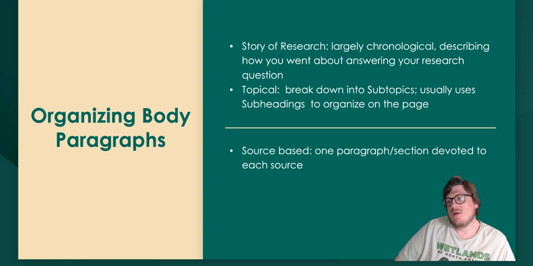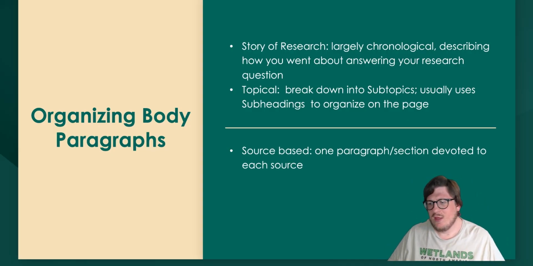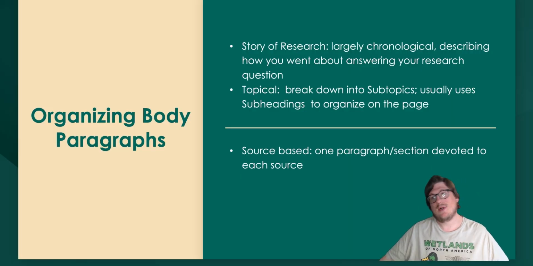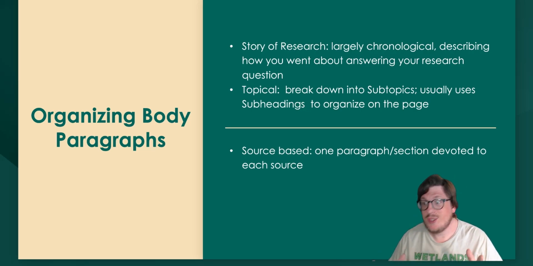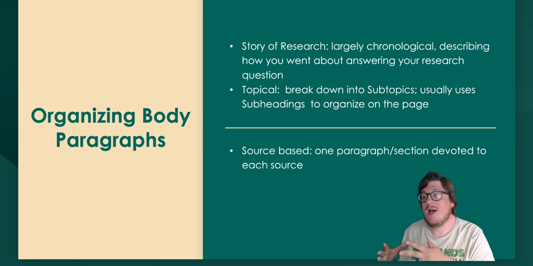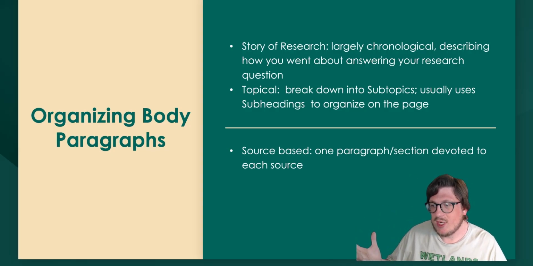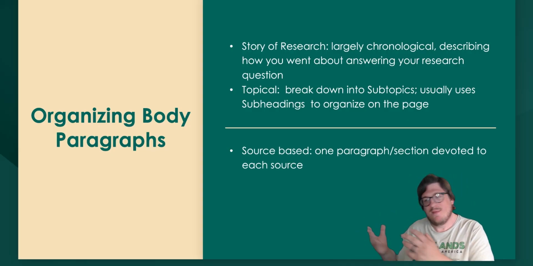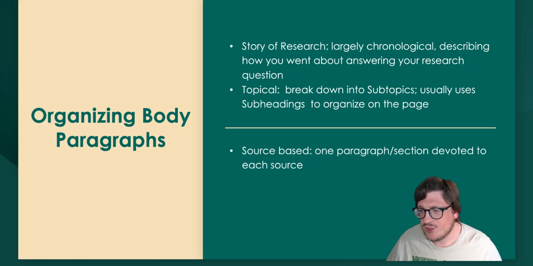So the first one is a story of research. This is basically you telling the audience, how did you go about answering your research question? In scientific research writing, maybe you had an experiment and you have to describe the methodology of your experiment. Think of that as the same thing that you might do with a research essay.